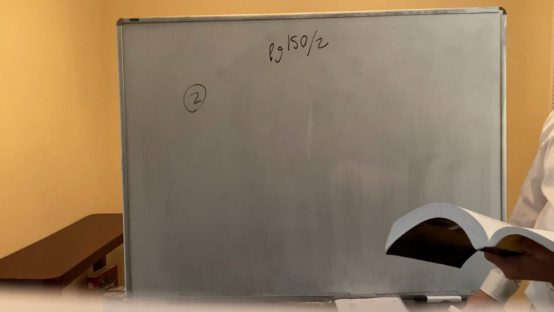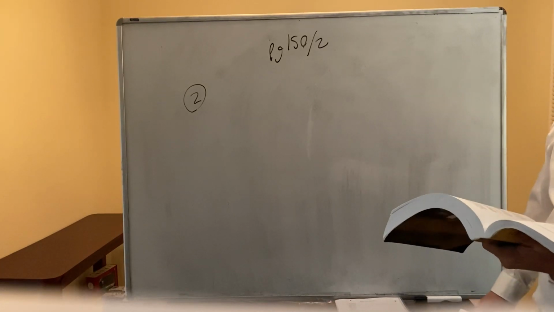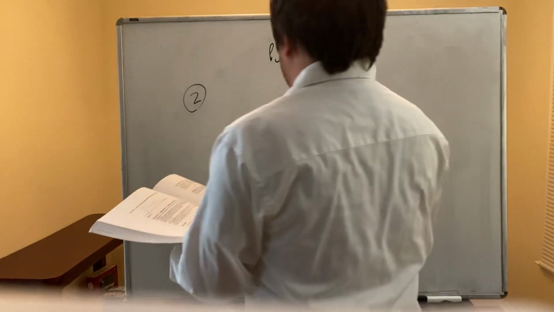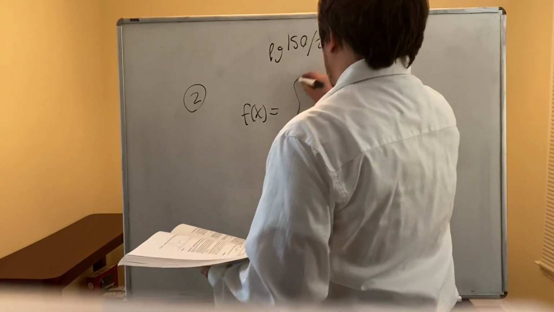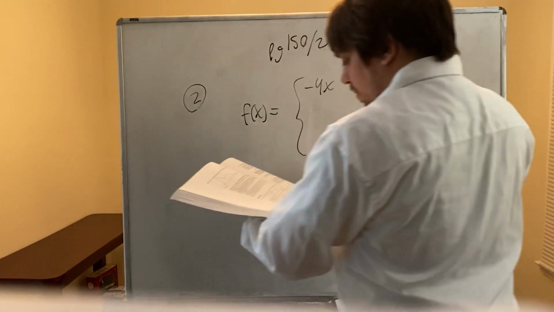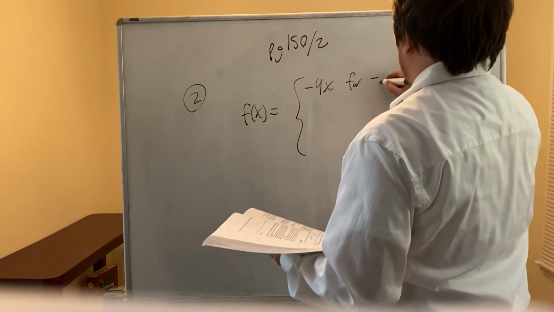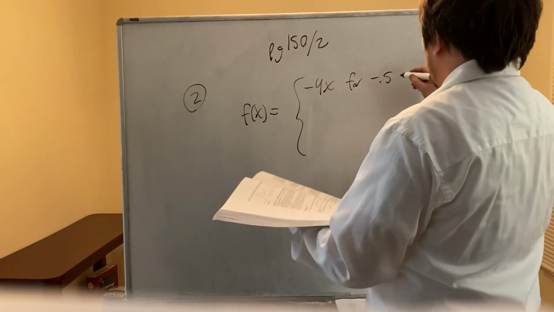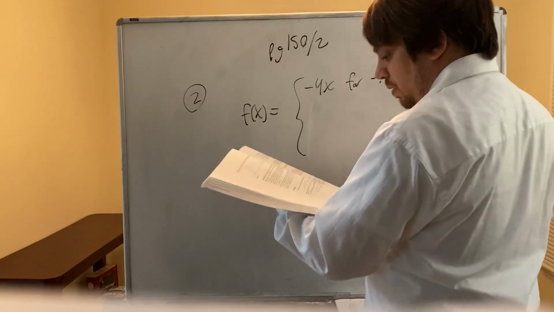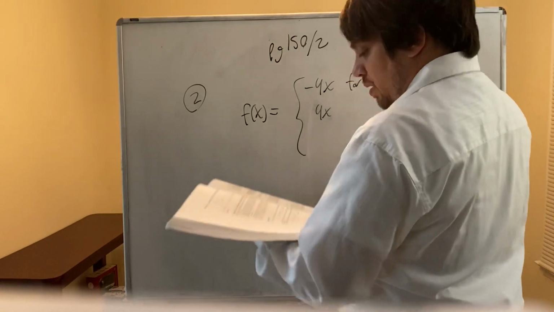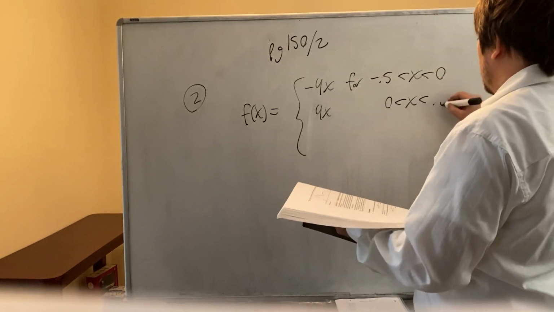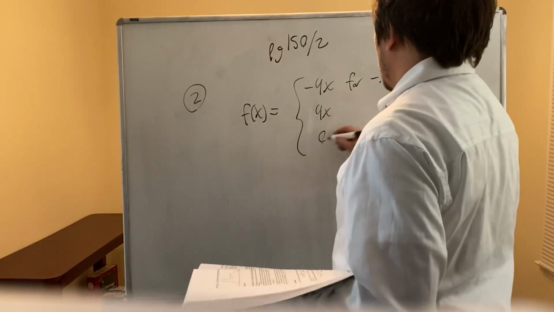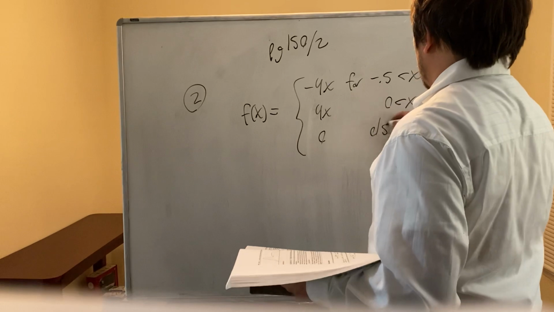So let x be a continuous random variable with probability density function f of x equal to negative 4x for negative 0.5 less than x less than 0, 4x for 0 less than x less than 0.5, and 0 elsewhere.